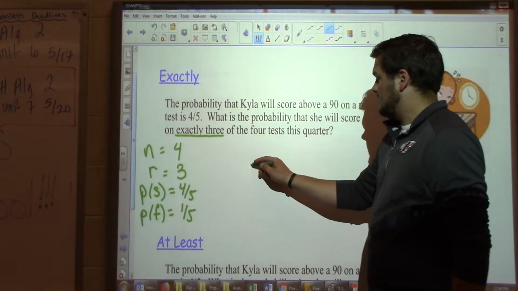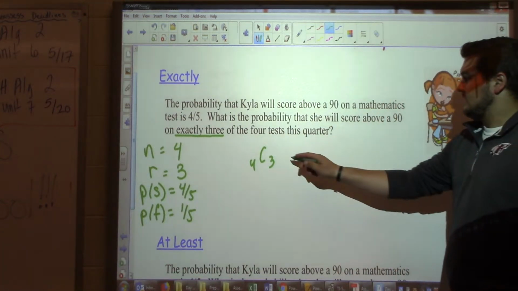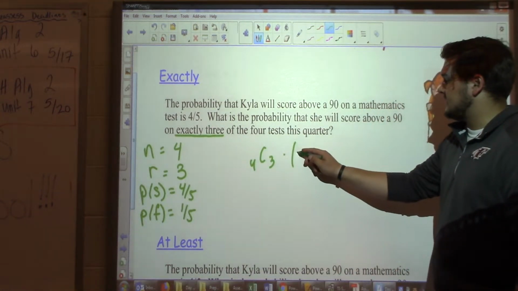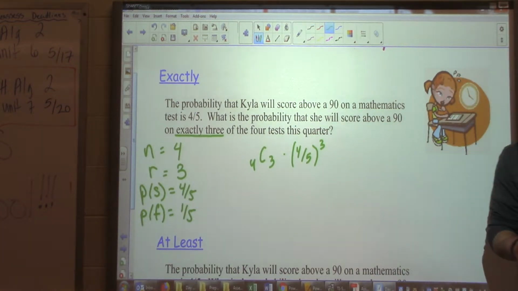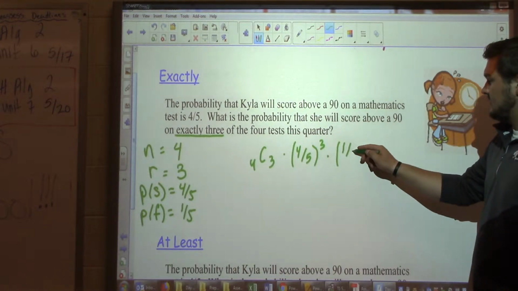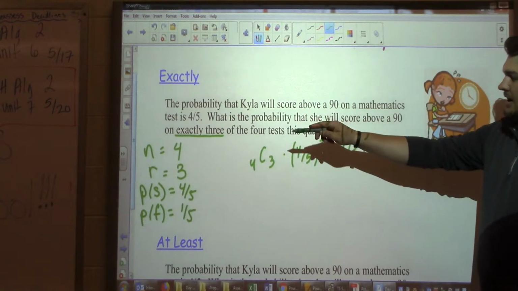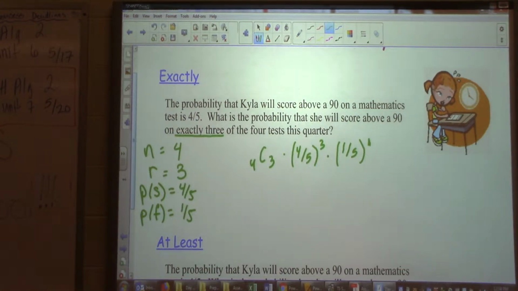We have a combination of 4 things chosen 3 times, times my probability of success, 4/5, to the r power, or how many times I want her to succeed, the 3rd power, times 1/5, to the n minus r, or how many times I want her to fail, the 1st power.